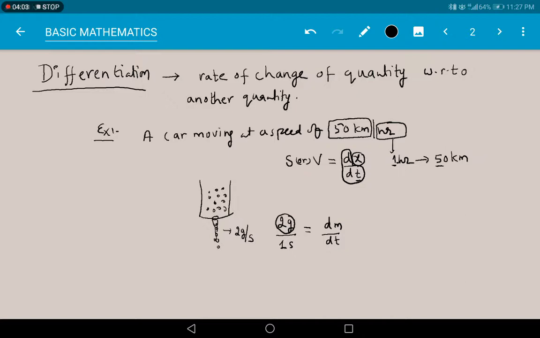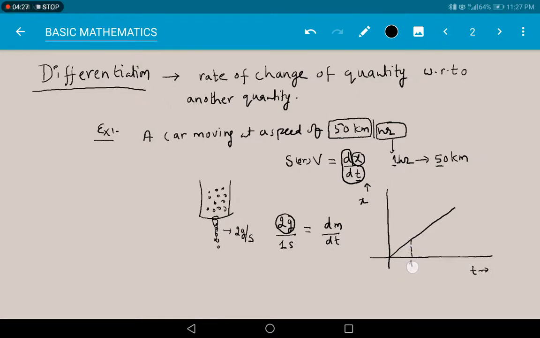So for these rates, suppose I am plotting a graph by taking position along the y-axis, time along the x-axis. I am going to get a graph which has a constant slope.